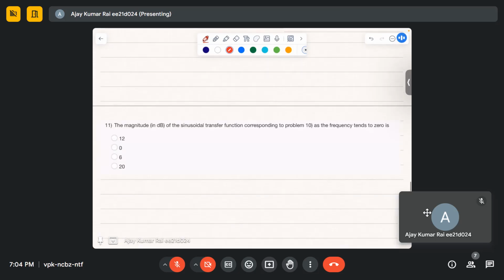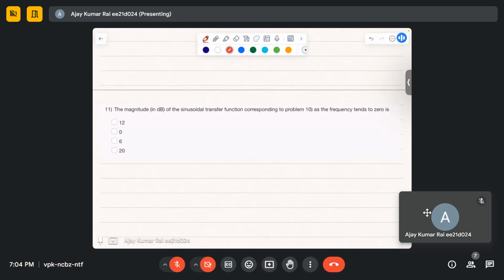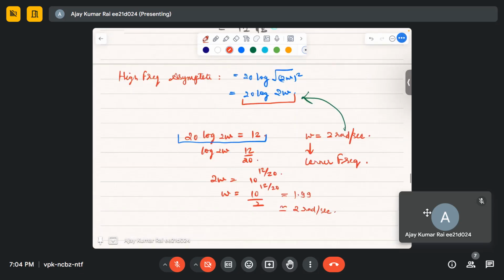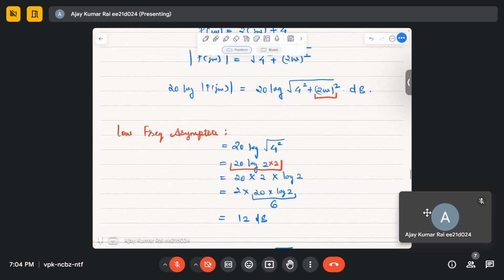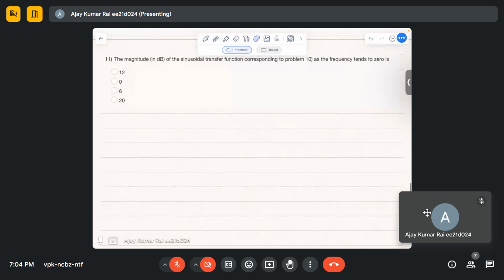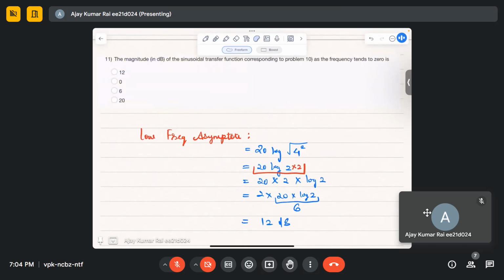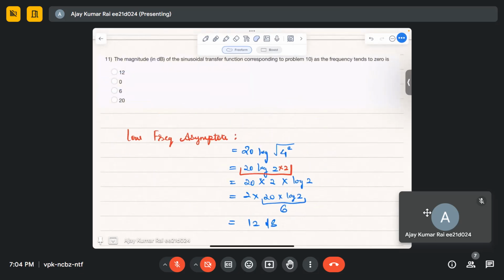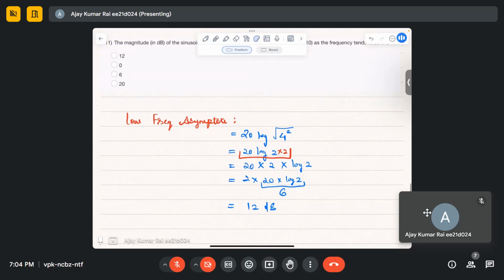Okay, we'll go to the next question. The magnitude in dB of the sinusoidal transfer function corresponding to problem 10 as frequency tends to 0. So already we have calculated, right? We have found the magnitude when omega is very small.